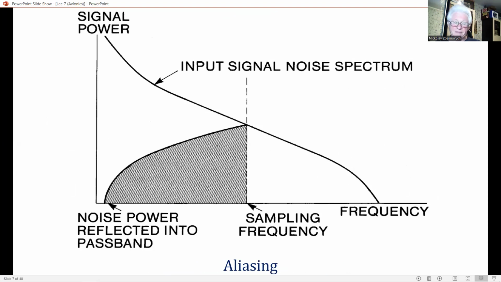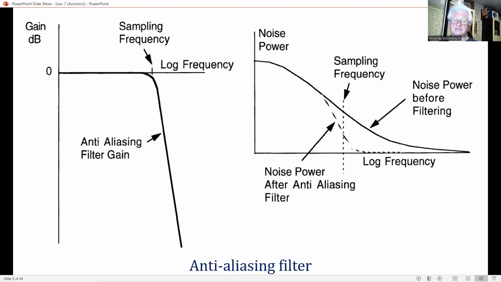It is thus necessary to filter the signal to attenuate any noise with a frequency content above the sampling frequency before sampling. Such filters are known as anti-aliasing filters.